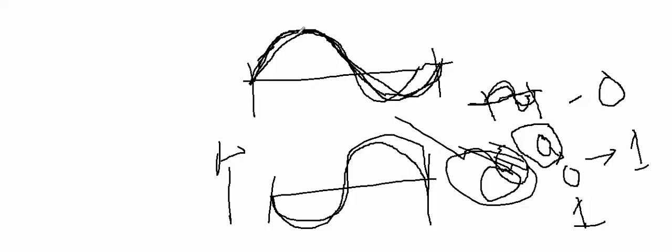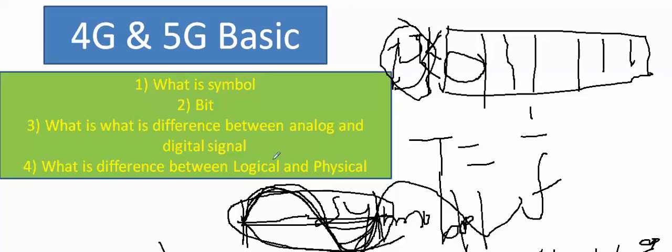So this is the analog signal, and we are receiving data digitally. The signal is always traveling as analog, but we apply logic to convert it to digital. So I think it's now clear: the difference between logical and physical, analog signal and digital signal.